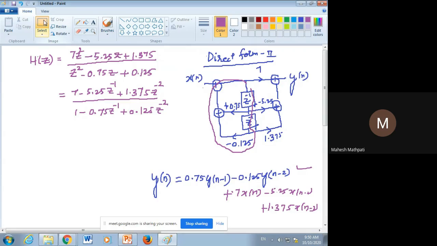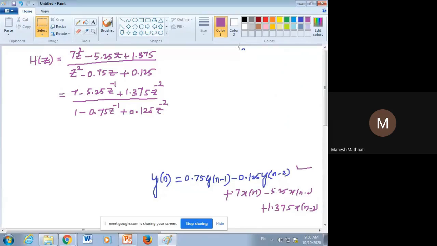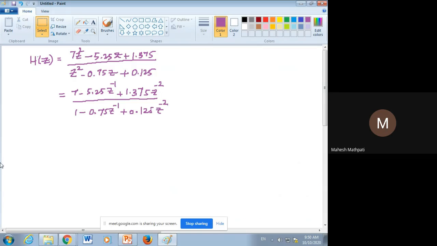Now let me tell you in depth about this part. So how to draw that complete part, right? But that is for your understanding purpose. I am just telling. Okay. This is the one way.